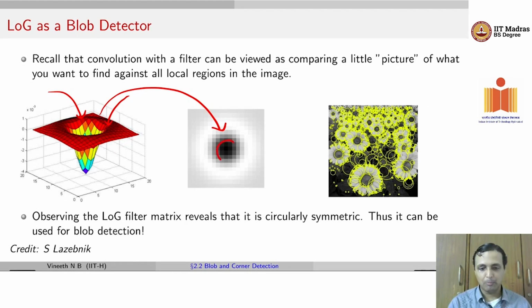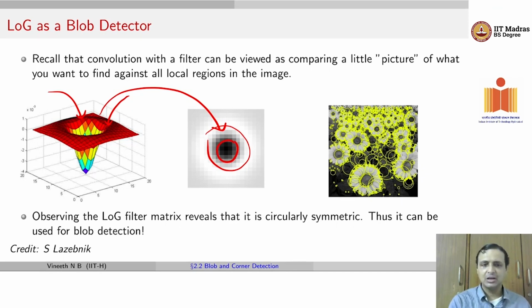A black blob in the middle, a white ring, which is where you have a peak, and gray all the way in other places. You could also have an invert of this, where you have white in the middle, a black ring, and then gray all over. Right? Both of these are similar.